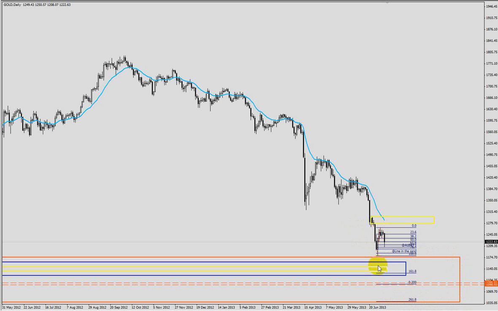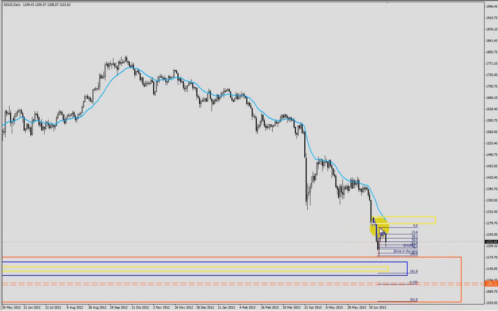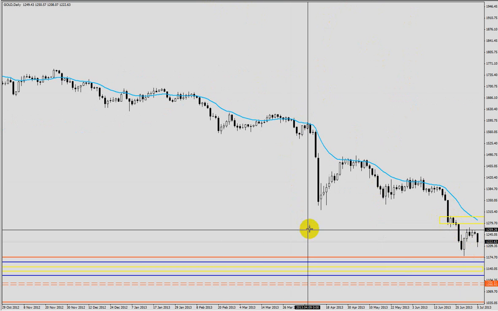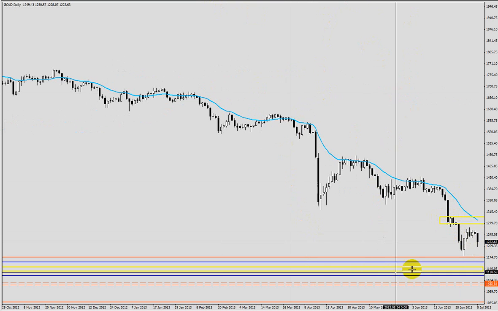If we are talking about the daily support, it's worth mentioning that the daily resistance is around 1278. So the last move up, bulls haven't had enough power to test 1280.